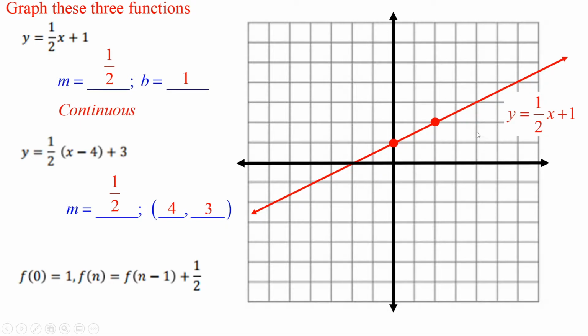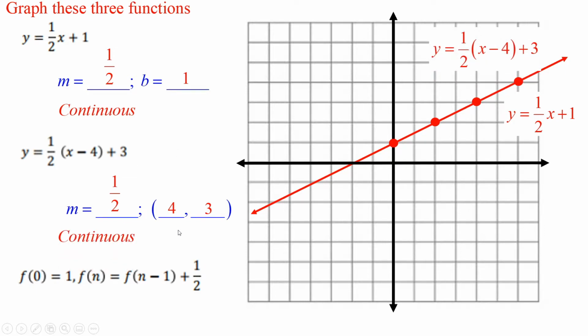And then go up 1, 2, 3. Oh, it's right on that line right there. And now I'm going to do my slope of 1/2 from here. If I rise 1 and run 2, I'm going to have another point right there. Guess what? That's the same line. And this is an equation, y equals something in terms of x, so it's implied it's continuous.